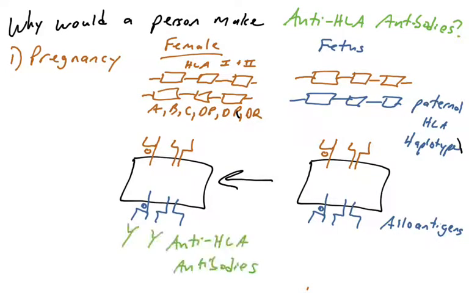The maternal immune system might recognize those HLA molecules that are paternal as foreign or non-self molecules, and then could generate anti-HLA antibodies. So the more often a female is pregnant and gives birth, the higher her chances are that she's making anti-HLA antibodies. So that's a very specific instance where an individual would make anti-HLA antibodies, and again, these would recognize the paternal HLA molecules.